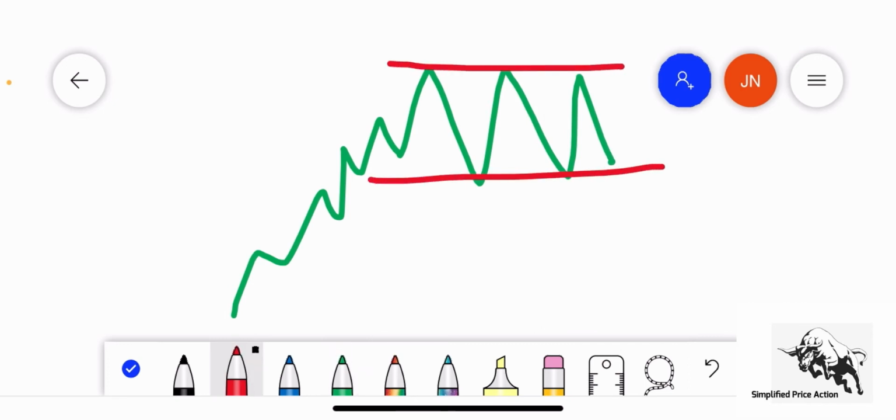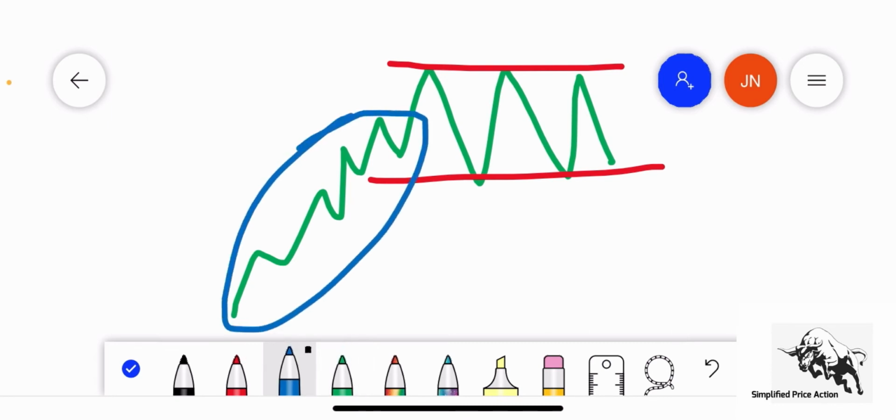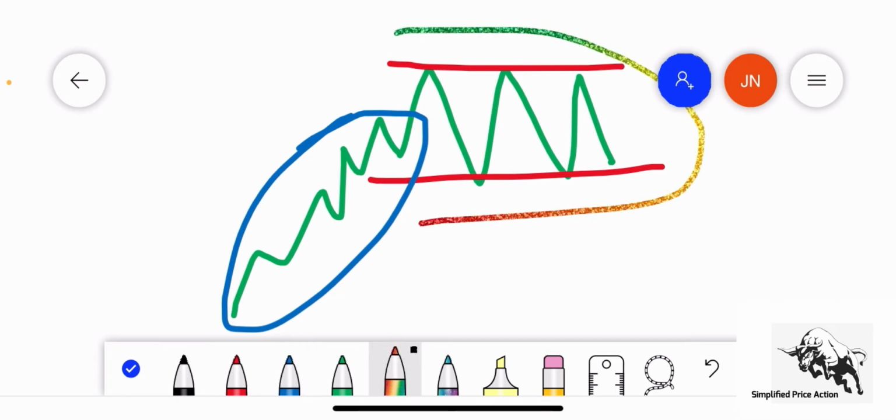So this bullish rally, we consider as our impulse move, and we consider the ranging or consolidating area our correction move. Why? Because the main move is a buy, and now we just have a consolidating area, which is our correction. And what are we looking for? We're looking for more buys to continue the buy movement, right?